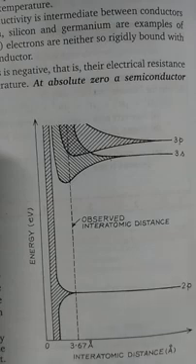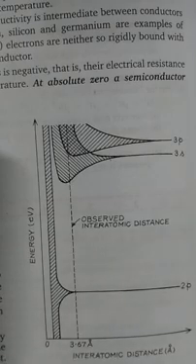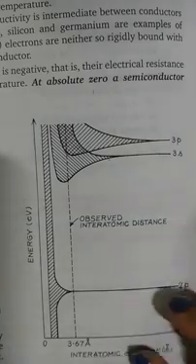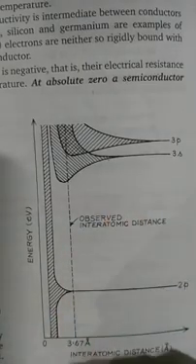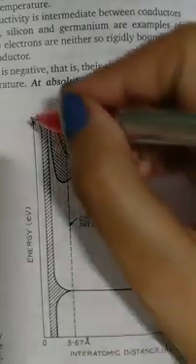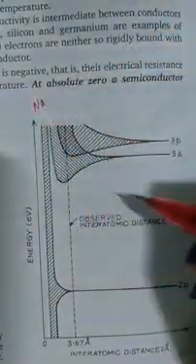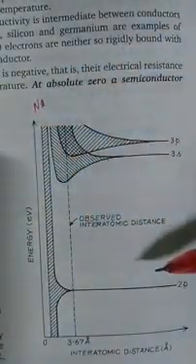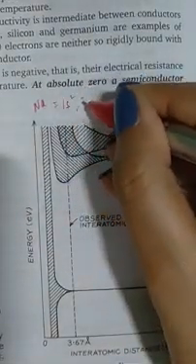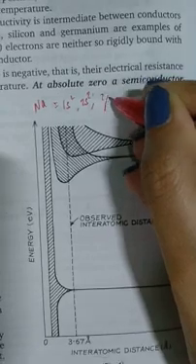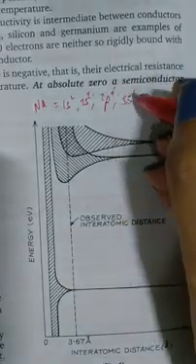Now this figure shows the formation of energy bands for some of the higher energy levels of isolated sodium. The ground state configuration for sodium is 1s2, 2s2, 2p6 and 3s1.